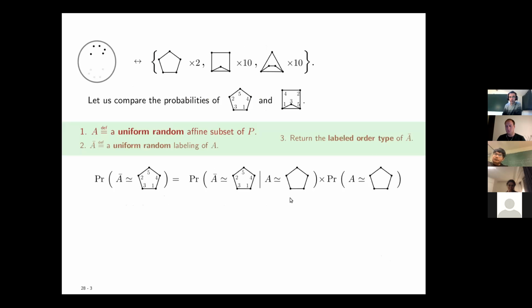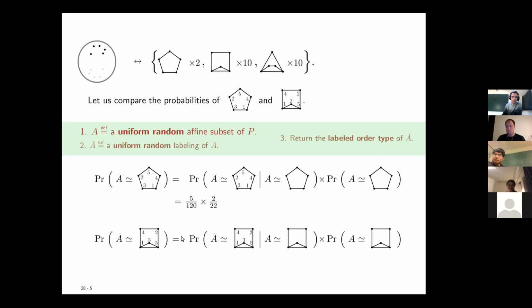You can decompose this as a conditional probability, and this is easy to compute. The probability that A is 5 points in convex position: there are 22 different subsets, and only 2 of them give you 5 points in convex position, so you get 2/22. And conditional on that, out of the 120 different labelings, only this one and its 5 circular permutations will give you exactly this labeled order type. So the answer is this product.